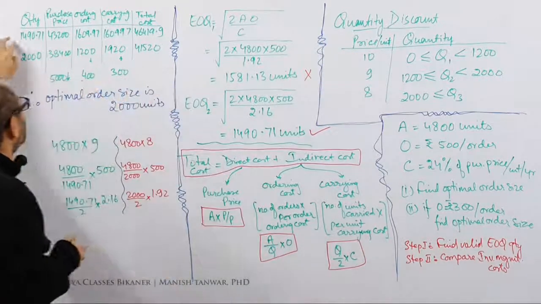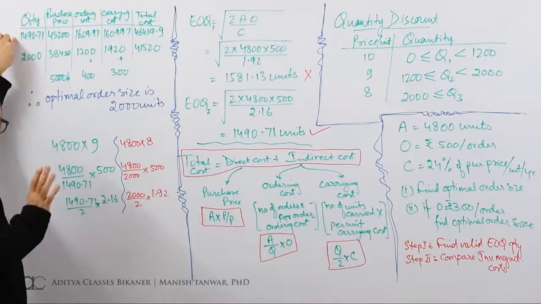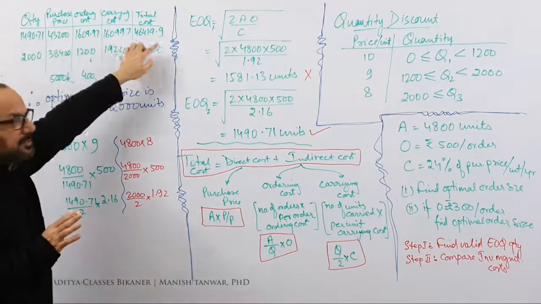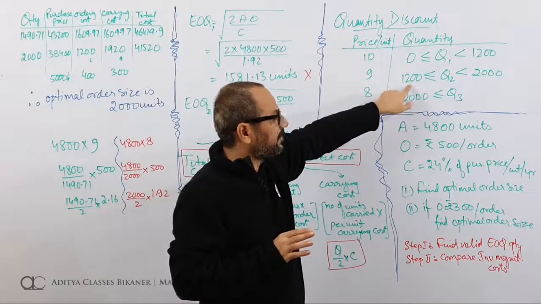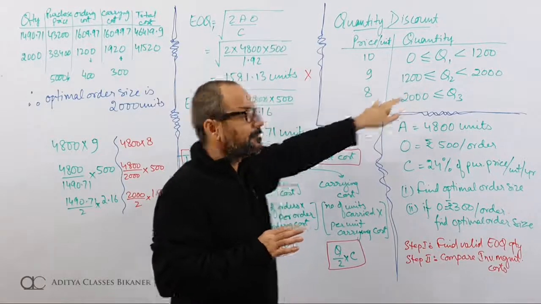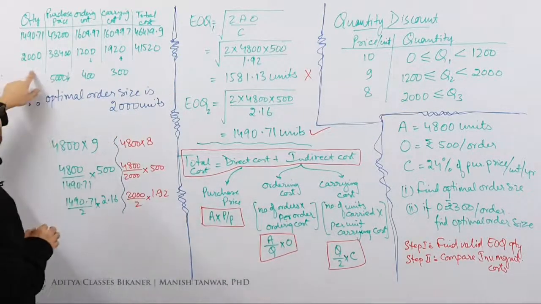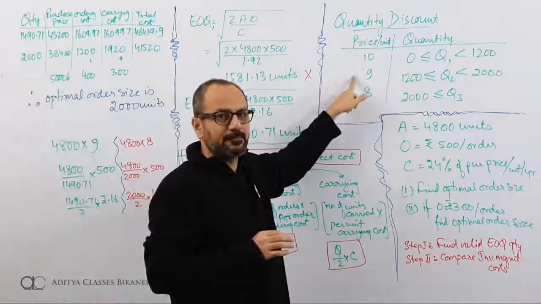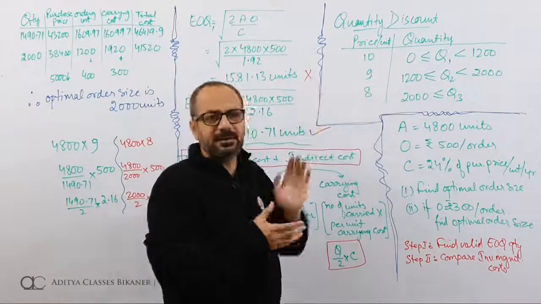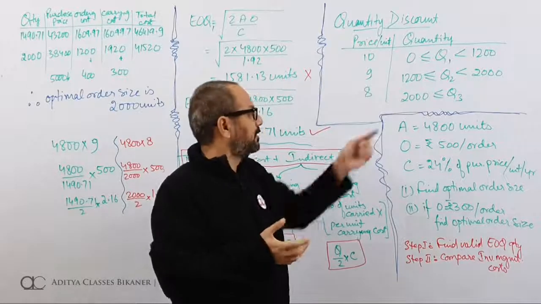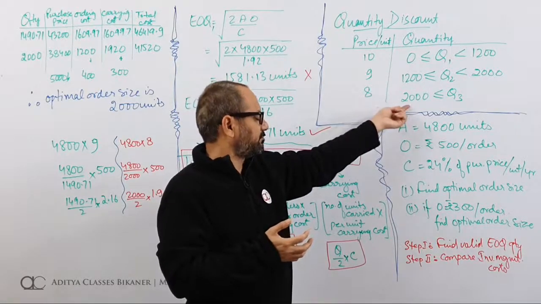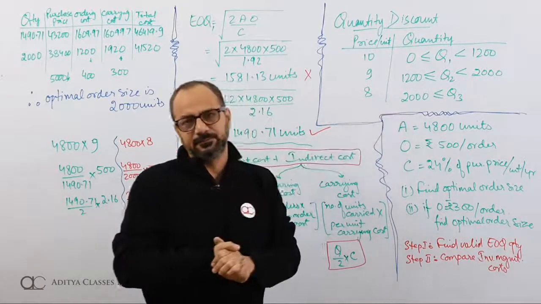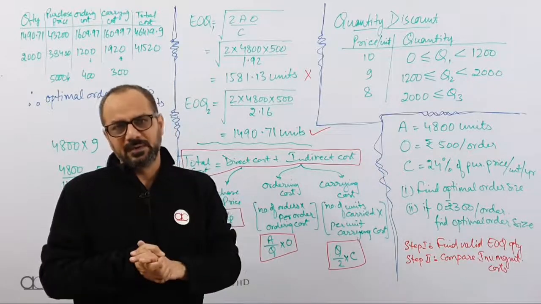And in this table, I'll find the total cost for the valid EOQ. Then I'll find the cost for 1200 units, in which case the units will be 1200 and all these prices will be calculated according to 1200. And finally, I'll find it for 2000 units at a rate of 8. So this is how we can proceed.